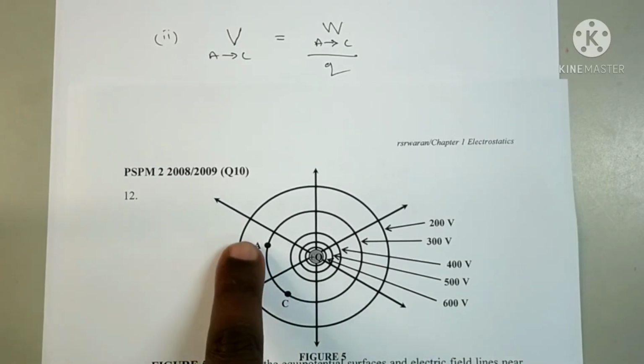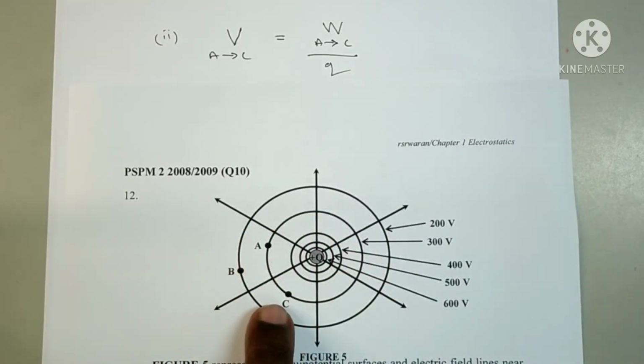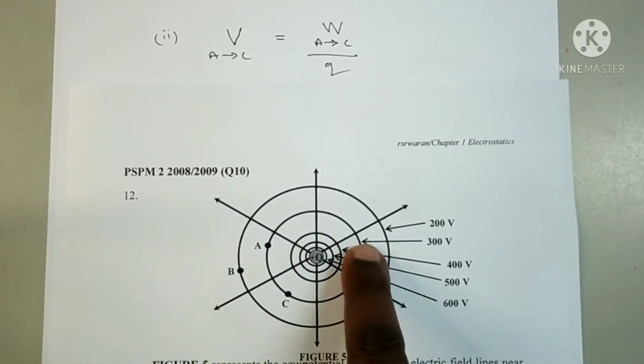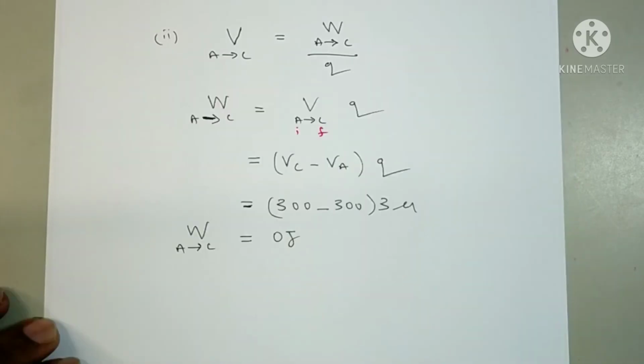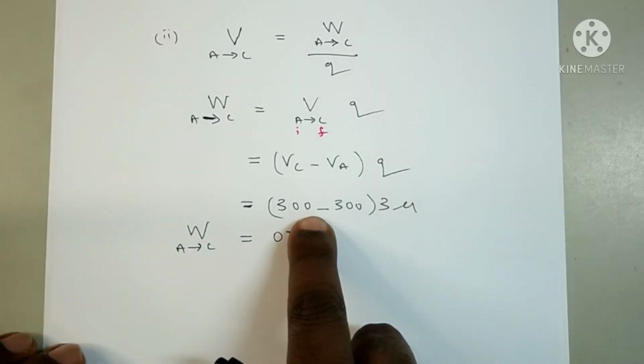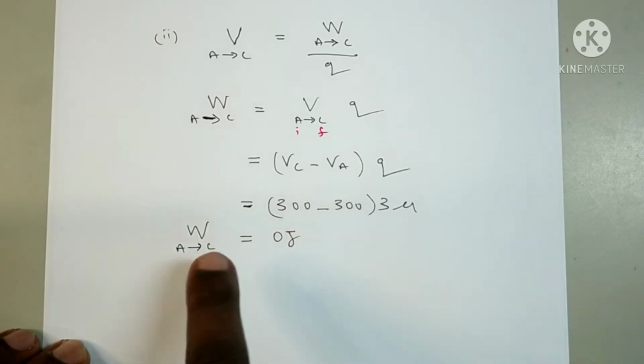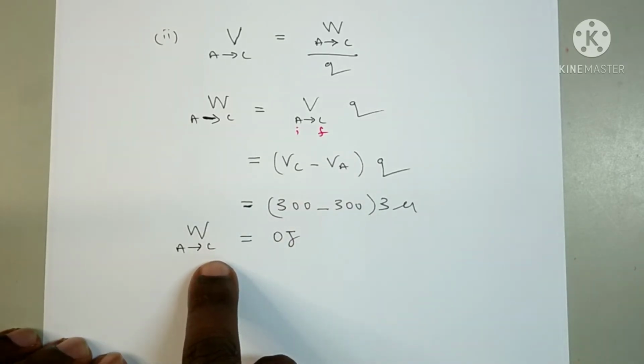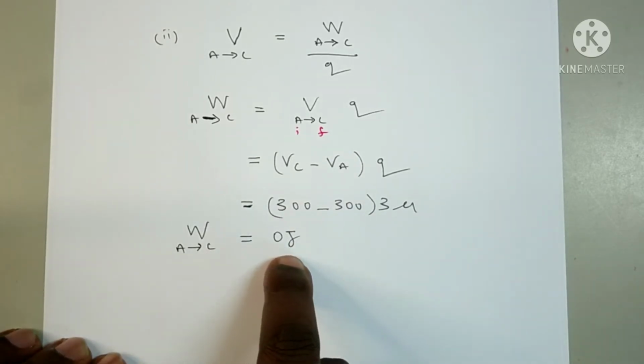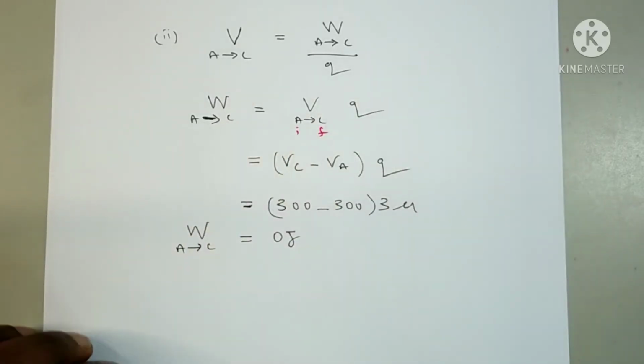A and C lie on the same equipotential surface, which is 300 volt. The change of the V is 0, so the work done from A to C is 0 joule. Simple like a bubble, without giving you any trouble.